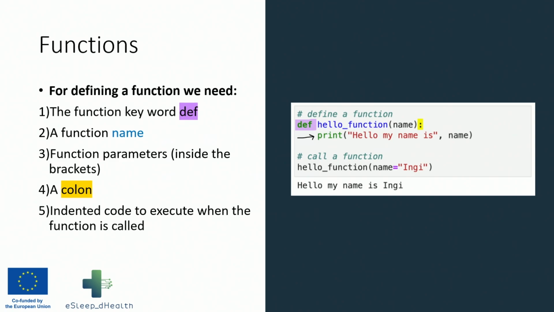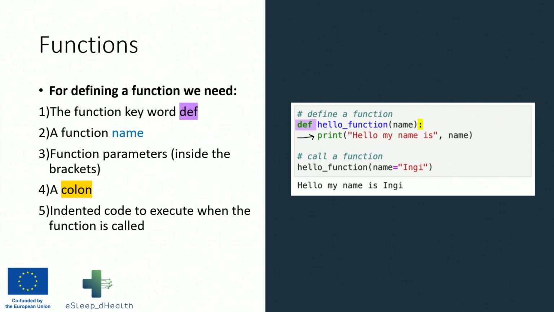But it's still very useful for you to know how a function is defined in case you want to define your own function. What we need to define a function is the function keyword, which is def. Then we need to give our function a name. And then we use round brackets to define parameters of a function.